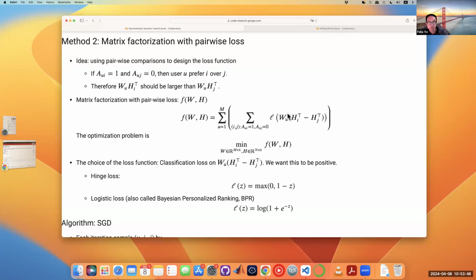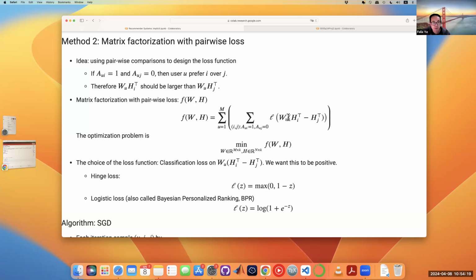So what you can do here is choose a pairwise loss to include this effect, right? So you want to have W_U dot (H_I transpose minus H_J transpose), in the case that for the same U, A_UI equals 1 and A_UJ equals 0. So you want to find a pair of indices I, J such that you have that kind of phenomenon, right?